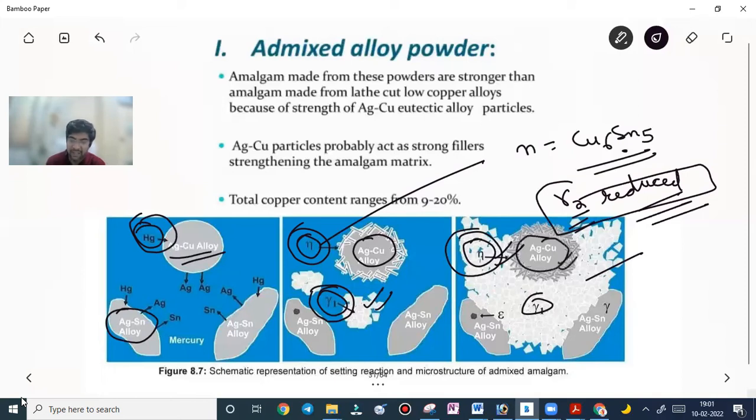The final set material will consist of core particles of unreacted silver tin, that is the gamma phase, and unreacted silver copper, surrounded by a halo of the eta phase embedded in the matrix of the gamma 1 phase. So this one is the matrix.